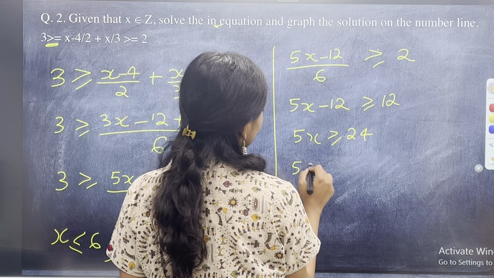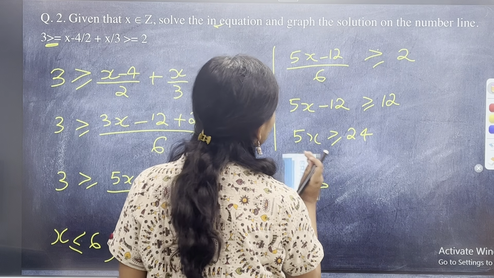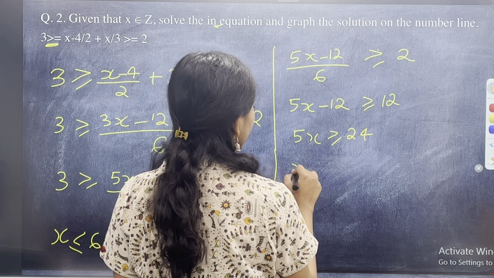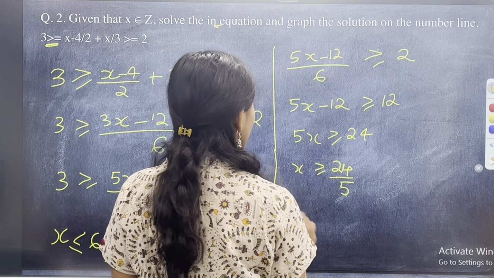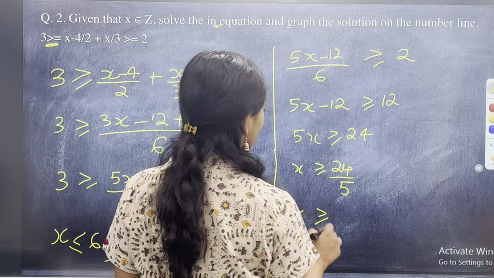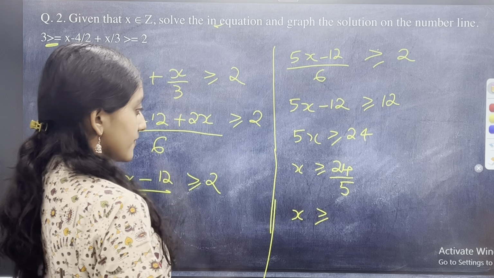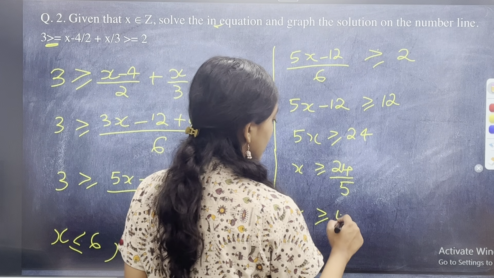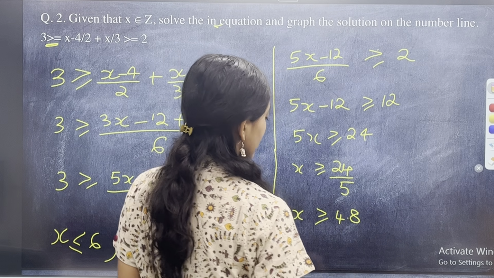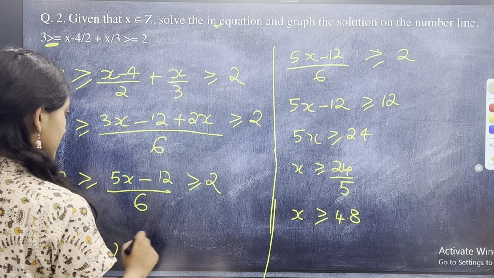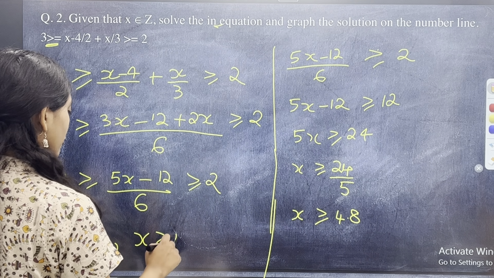So 5x is greater than or equal to 24. So therefore x is greater than or equal to 24 by 5. 5 4s are 20. 4 point, then 4 आएगा 40, 4.8. So therefore, I have x less than or equal to 6 and x is greater than or equal to 4.8.